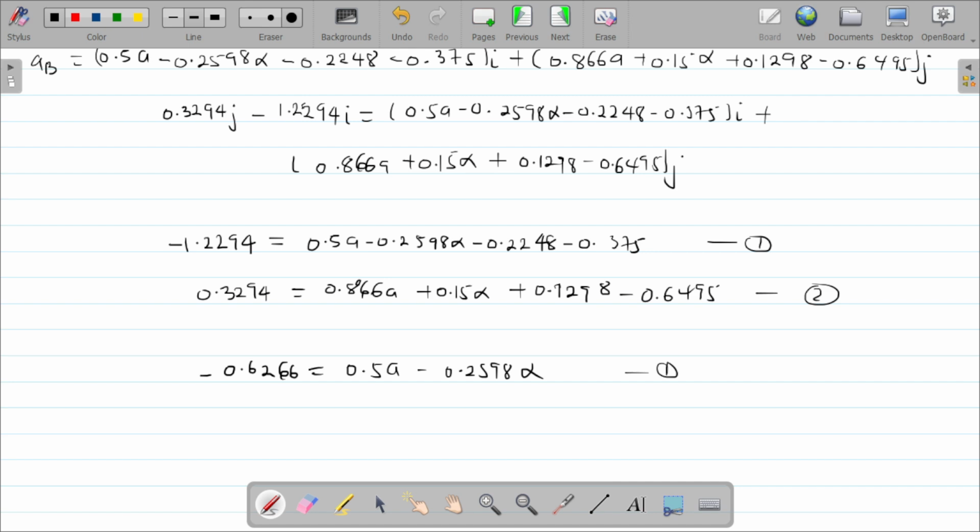So we have 0.3294 plus 0.6495 minus 0.1298. All right, so we have 0.8491 is equal to 0.866 A plus 0.15 alpha, equation 2.